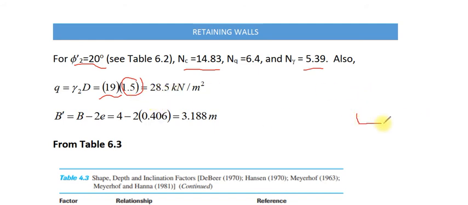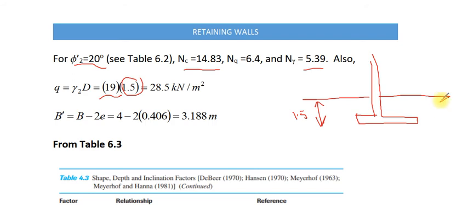The soil above the base of the retaining wall is 1.5, therefore the base of the retaining wall, like a foundation, has a D_f equal to 1.5.